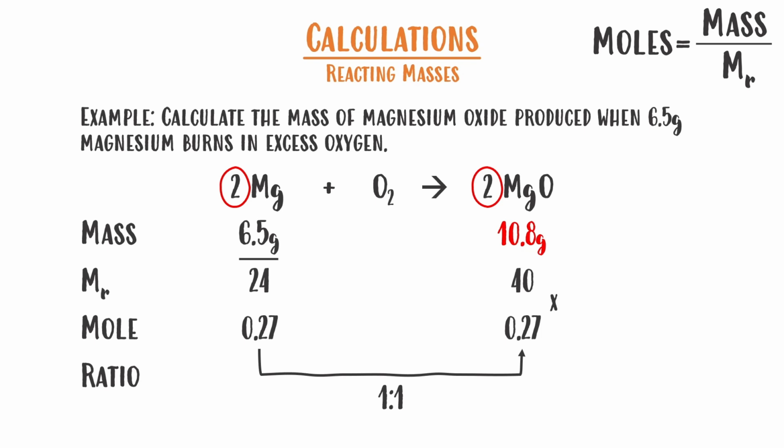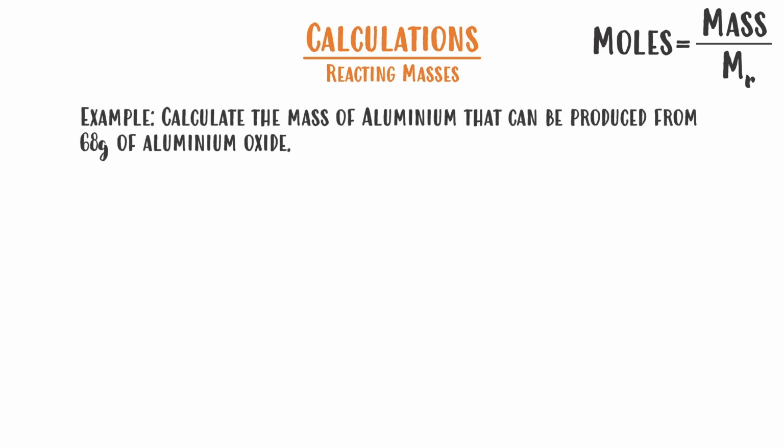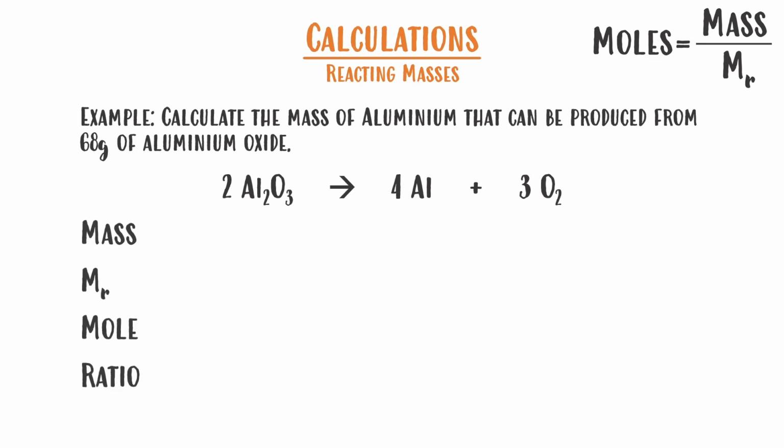Right, let's have a look at another example. Calculate the mass of aluminium that can be produced from 68 grams of aluminium oxide. And again, we need our balanced formula for this reaction. We'll use the same layout as previous, and again start by inputting the values we've been given.